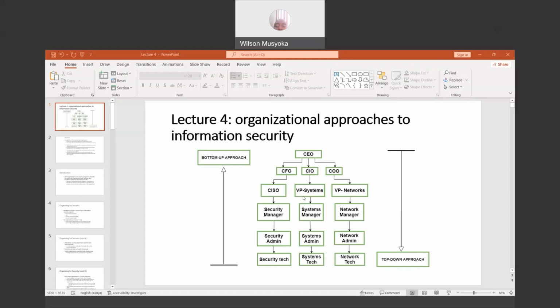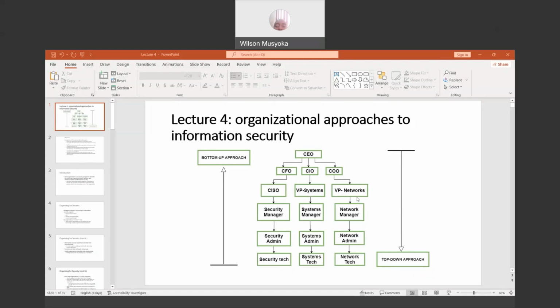So at the top level is the CEO, and then the CEO is deputized by the chief information officer, the chief operating officer, and maybe the chief finance officer, because these information security policies may require that they are financed. Then below them, you're going to find people who have different expertise, like the chief information security officer, the VP systems, and VP networks.